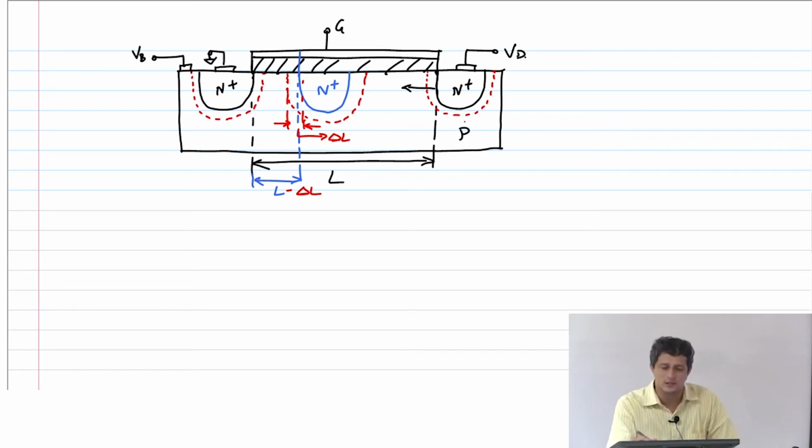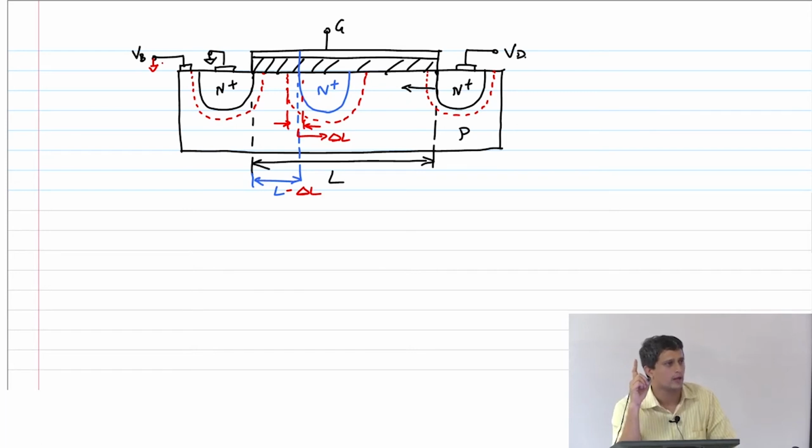Let's assume that the body also is grounded for now. Is this body drain junction forward biased or reverse biased? Reverse biased, right, because I am applying a positive potential to the N plus region and a negative potential, ground, to the P region.